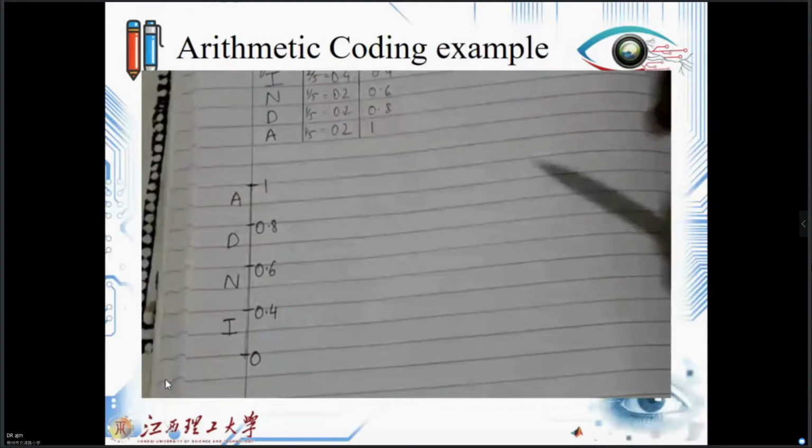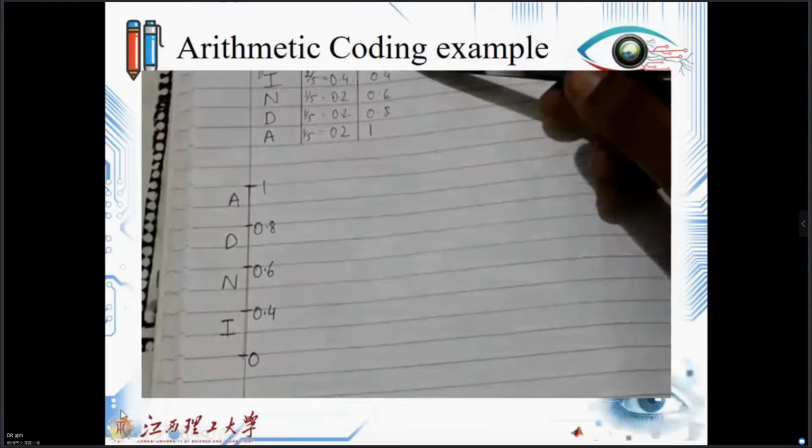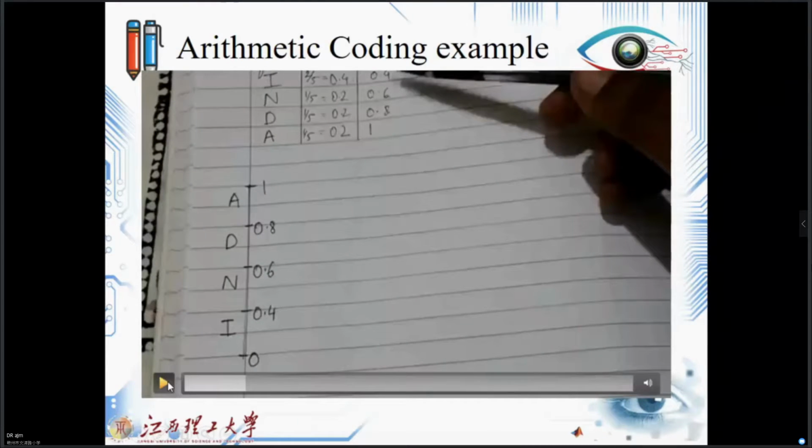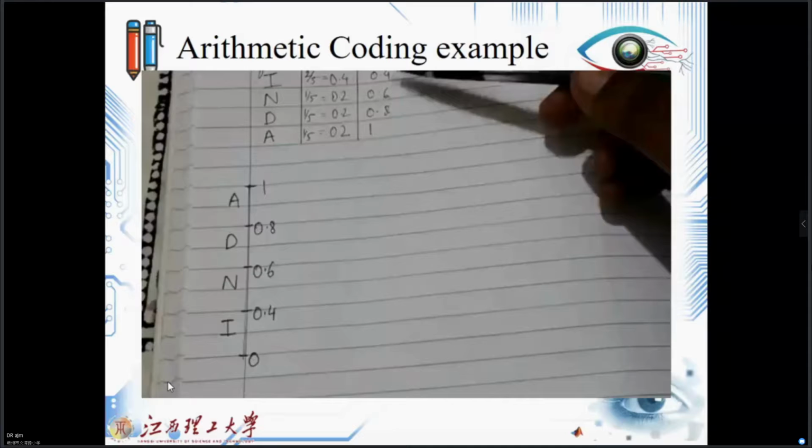Now, based on the CDF, we will write and note it in front of the symbols that you have. Suppose for A, we have the CDF of 1, for D, 0.8, for N, 0.6, for I, 0.4, and below is the 0. Something like this. We put the range between them.